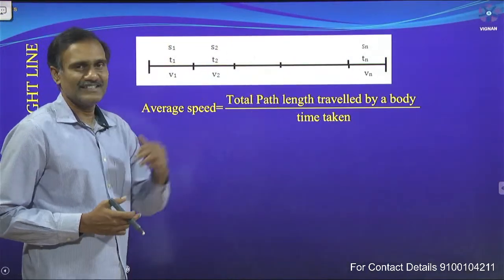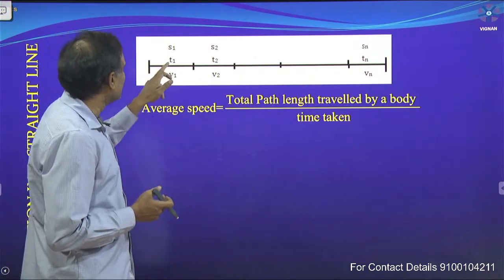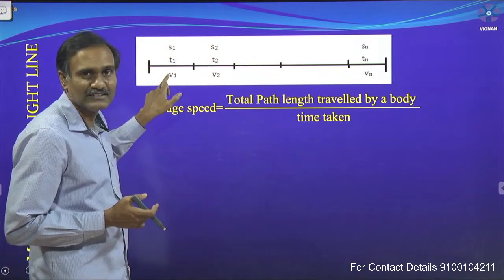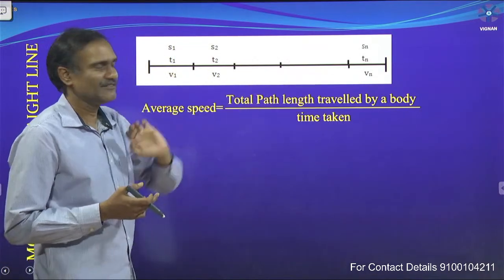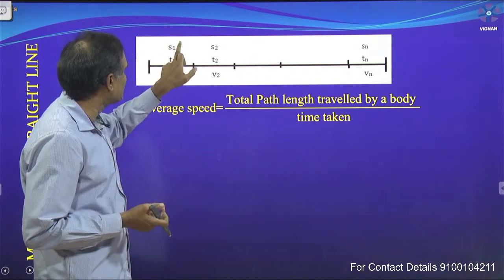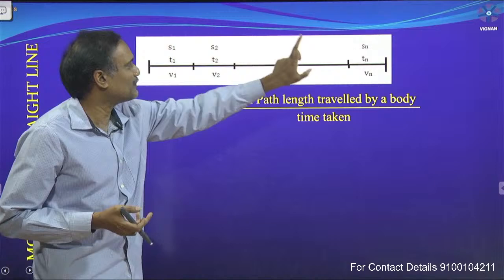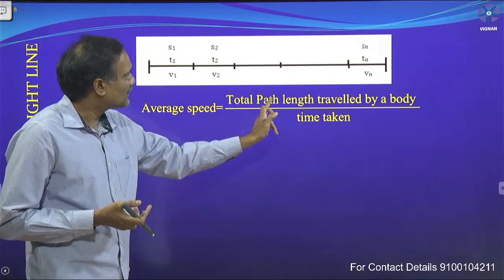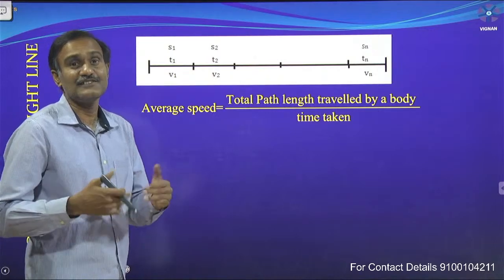Observe once again. The particle is moving along the same straight line. During the time intervals t1, t2, so on up to tn, the respective velocities, or respective speeds, are v1, v2, so on up to vn. During those time intervals, displacements or distances or path lengths are s1, s2, so on up to sn. Now, what is the formula for average speed? Total path length travelled by a body divided by time taken, that is total time interval.